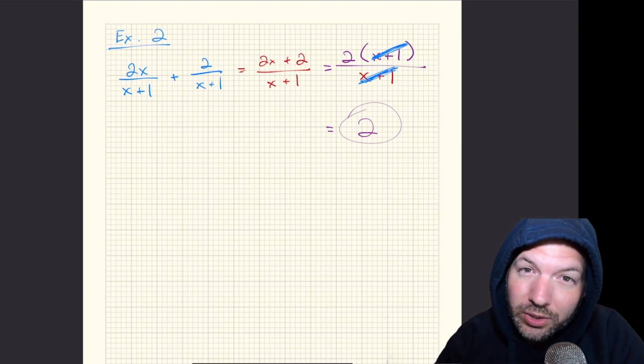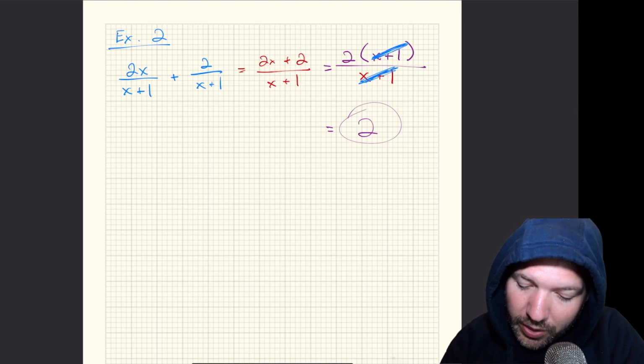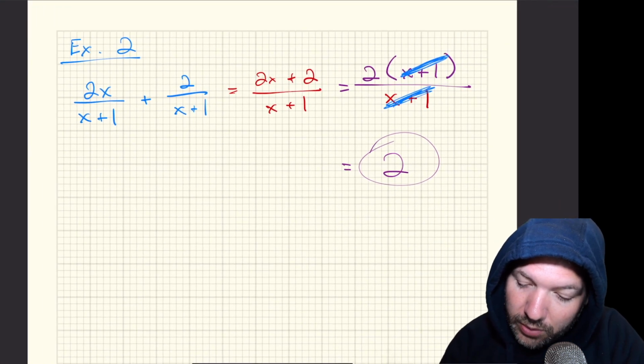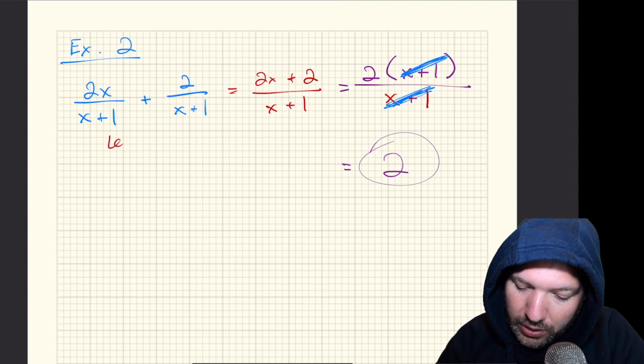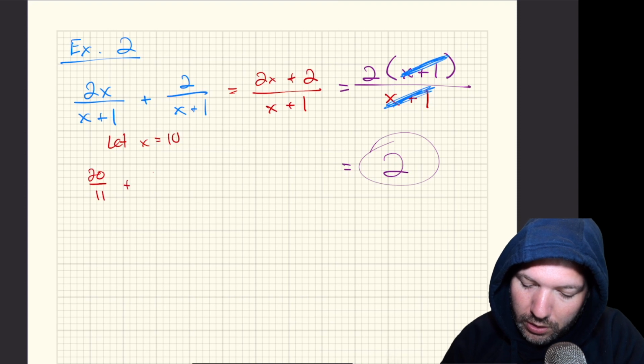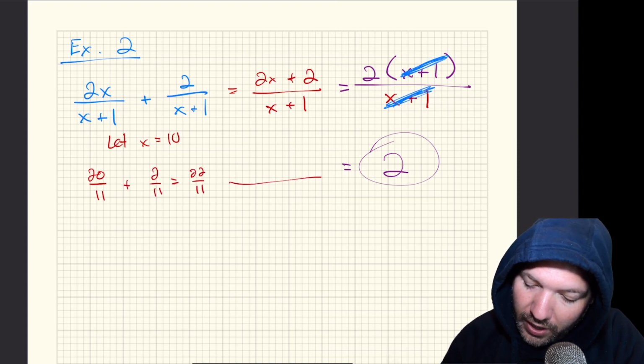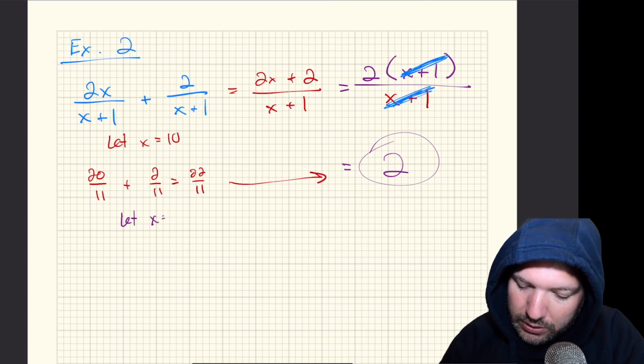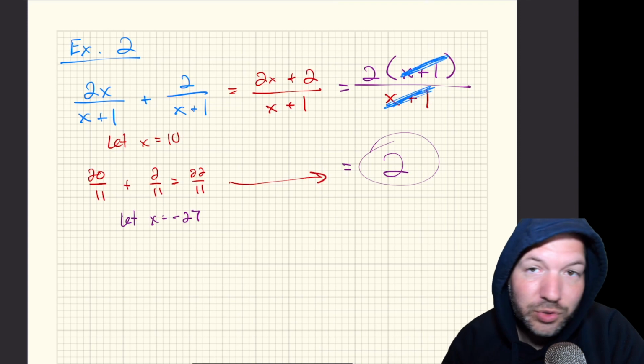Now, is it always 2? Does this expression always evaluate to 2? I mean, imagine that we said, let x equal 10. This would be 20 over 11 plus 2 over 11, which is, in fact, 2. Maybe let x equal negative 27.